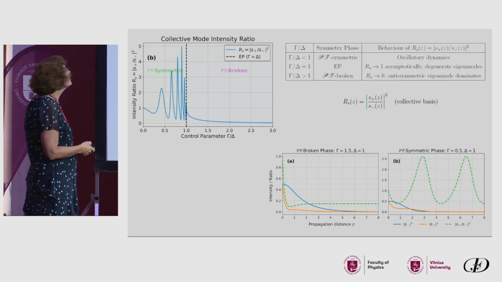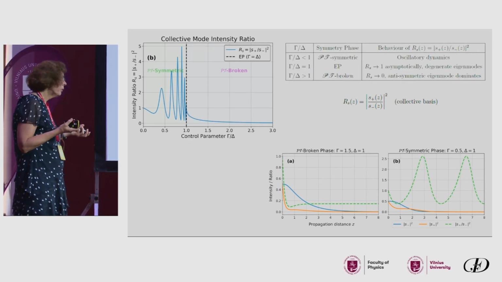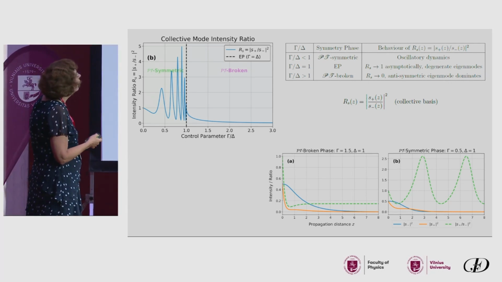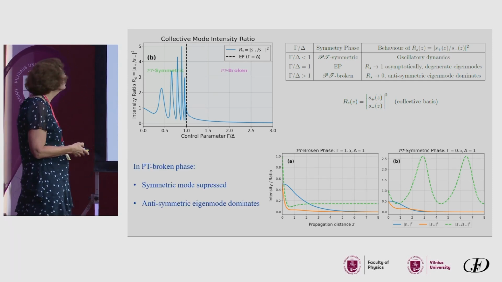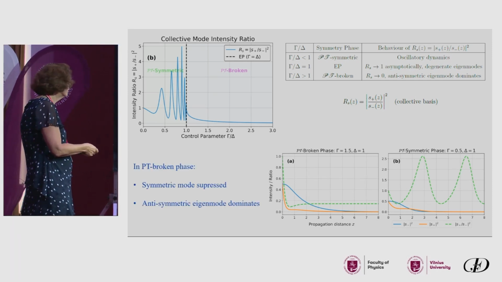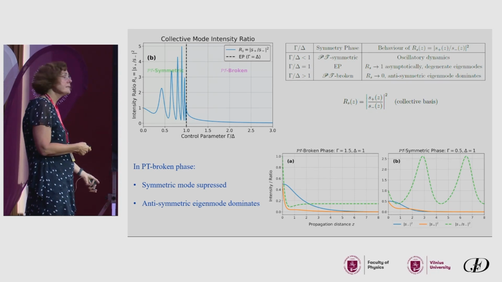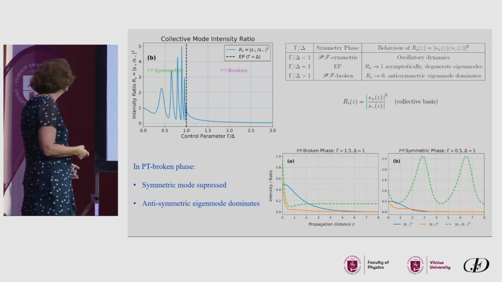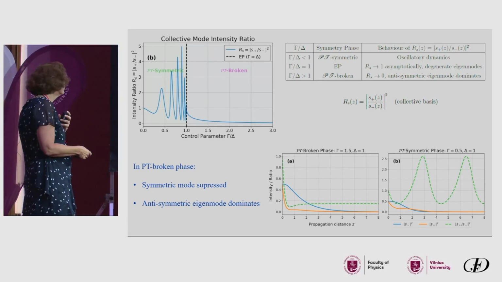And the most interesting effect, if I think about possible quantum applications, is the fact that in this basis I have the collective mode, which is the symmetric mode, always suppressed and the antisymmetric dominates. Even if I put all my light into the symmetric mode, everything will go out into the other.